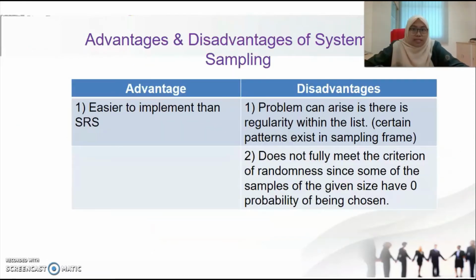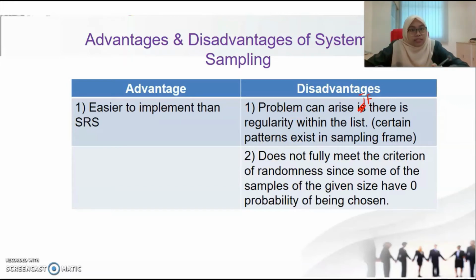In systematic sampling, the advantage is it is easier to implement than SRS, because we just need to pick randomly for the first sample only. As for the next samples, we just follow the k value. But the disadvantages of this method: number one, a problem can arise if there is regularity within the list, when a certain pattern exists in the sampling frame.